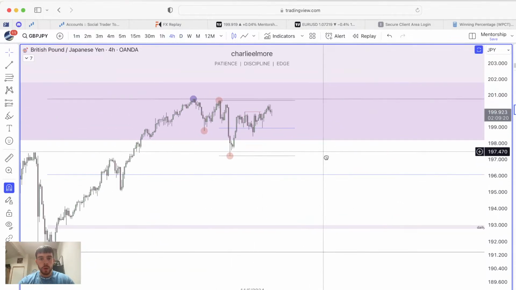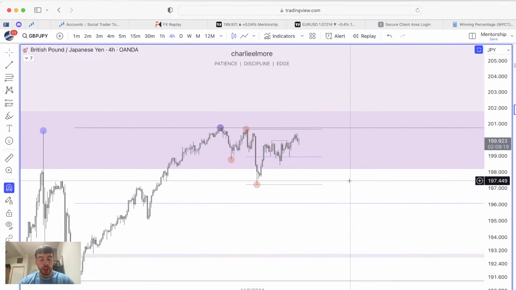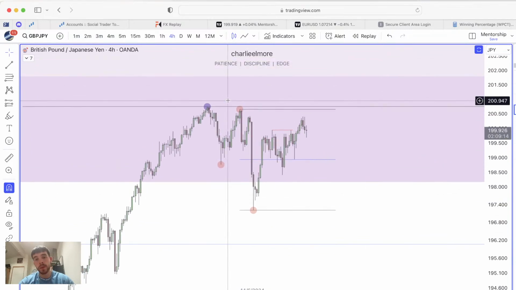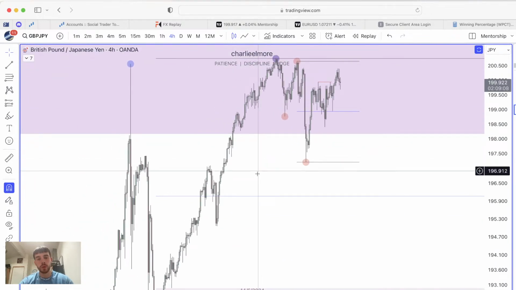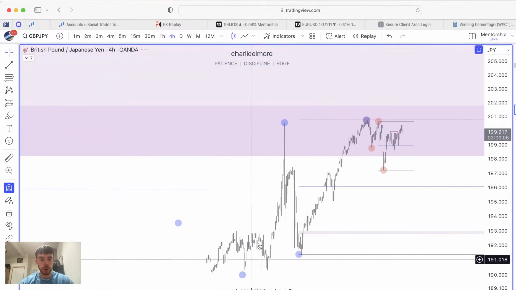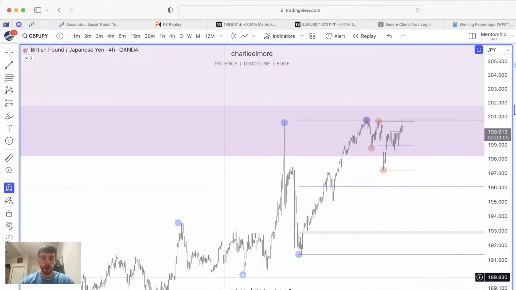And like I said as well, where we are now on GJ is within a premium of 4-hour bearish structure. Now, yes, this is internal to the daily bullish structure, to the blue dots. This is how I like to keep track of it.